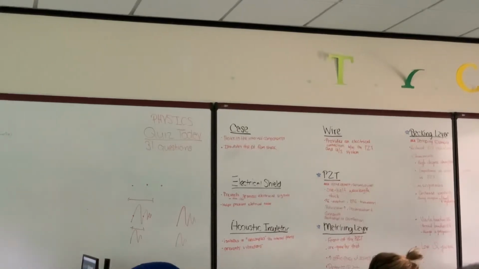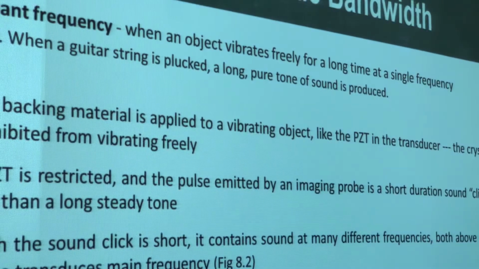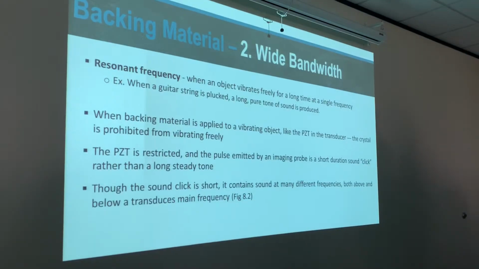Okay, and another consequence of the backing material is the wide bandwidth, the wide range of frequencies because of the damping material. It's not going to be at a consistent resonant frequency. It's not going to vibrate freely for a long time, right? So we like short pulses in diagnostic imaging, right? Resonant frequency, guys, also means the main frequency.